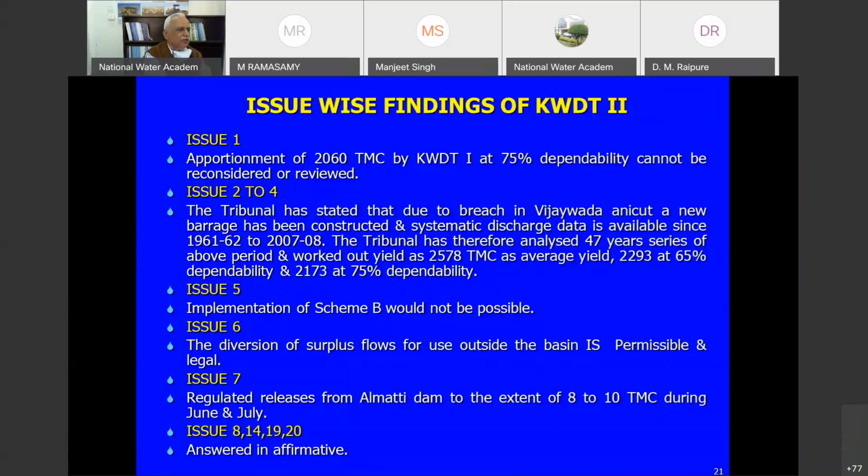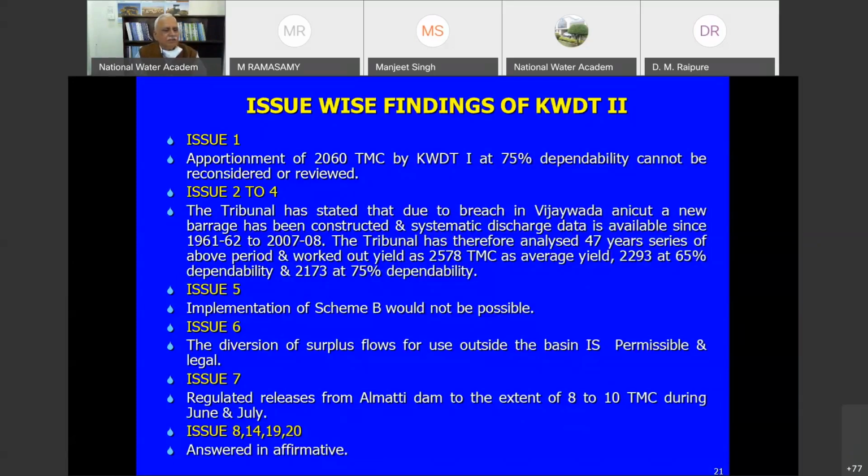So thus answered in this manner. The tribunal found that this 47-year series indicates 75% dependable flow as 2173, but due to the proviso 4 that the settled matter cannot be reopened, tribunal has ruled, in answer to issue number 1, that this 75% dependable flow cannot be reconsidered or reviewed.